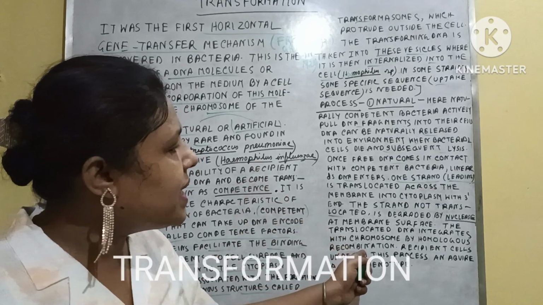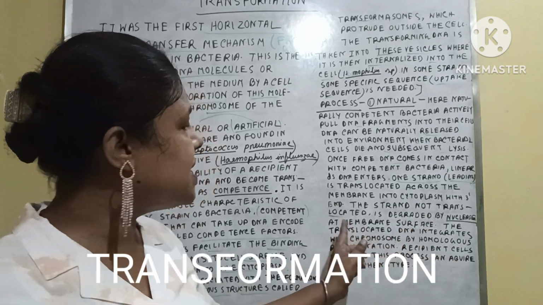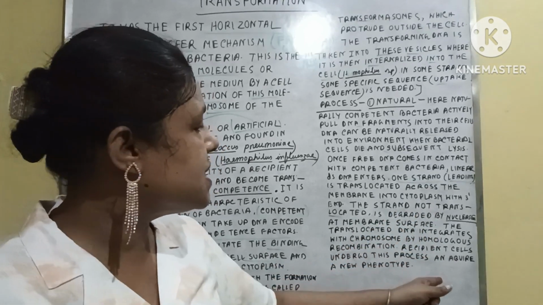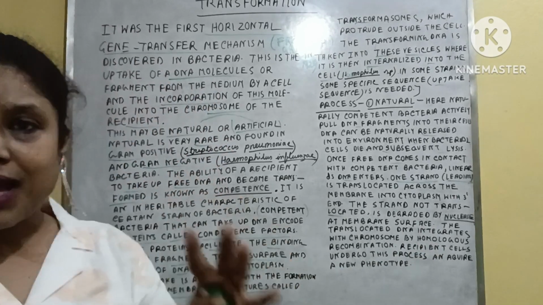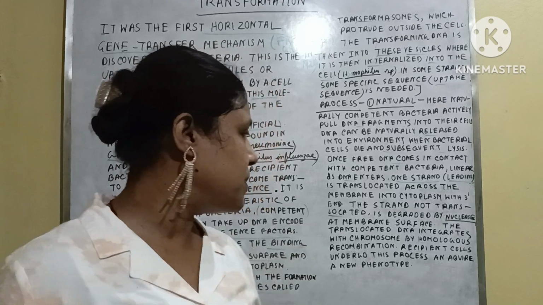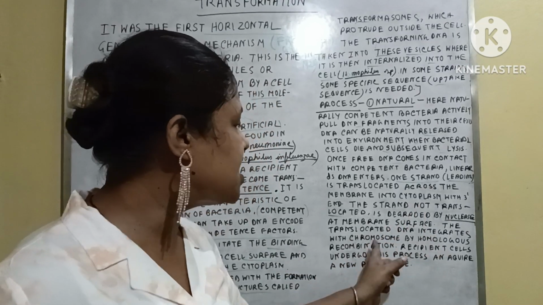And the translocated DNA integrates with the chromosome by homologous recombination, and the recipient cells undergo this process and acquire a new phenotype. So what is happening here? The translocation occurs by the process of recombination, and here, which type of recombination?